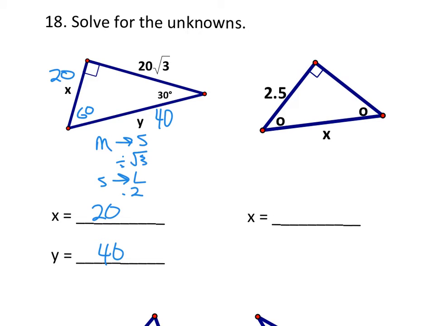Going to the next problem, we have a 45, 45, 90 triangle, because those angles have to be equal, and I have the leg is 2.5. So that means that going short to long, I'm going to be multiplying by radical 2, so I'll have 2.5 radical 2.